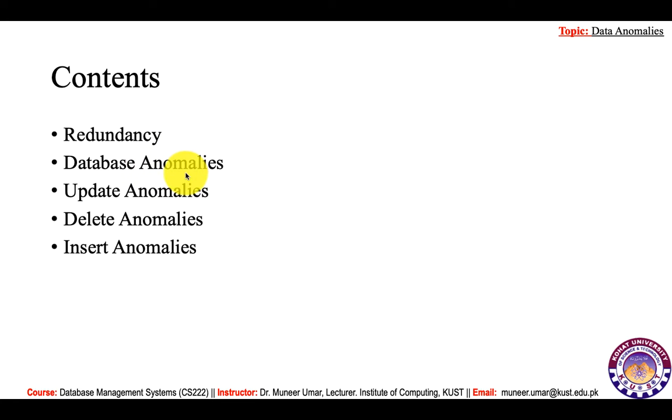Then we have three types of anomalies. These are update anomalies, delete anomalies, and insert anomalies. We will study about these types in detail with some examples and will also practice these examples in our MySQL workbench.